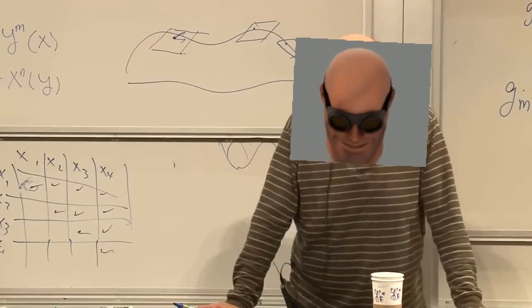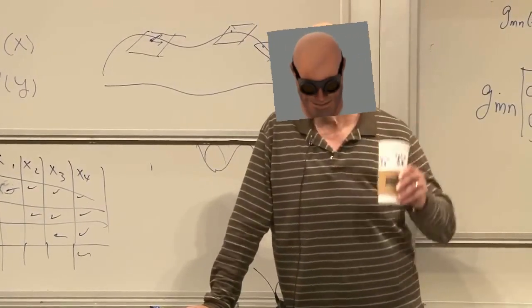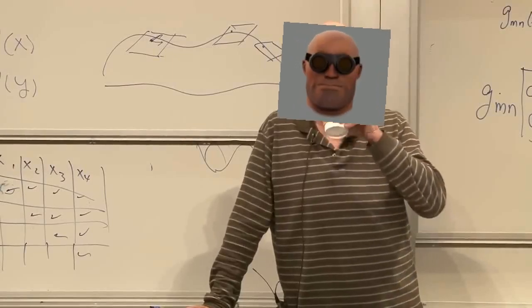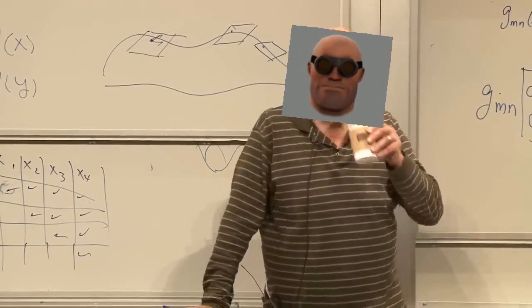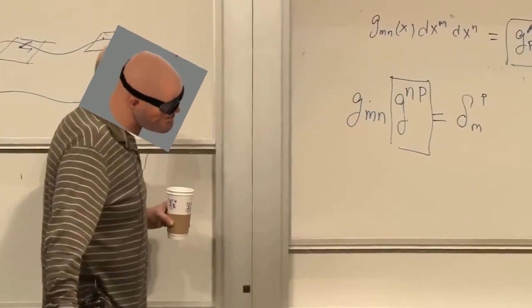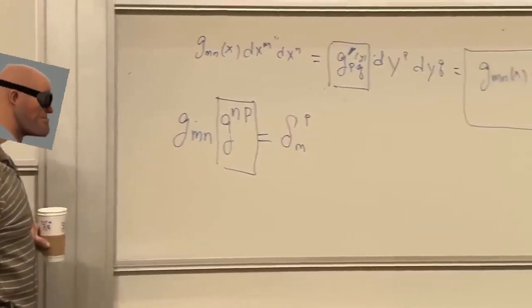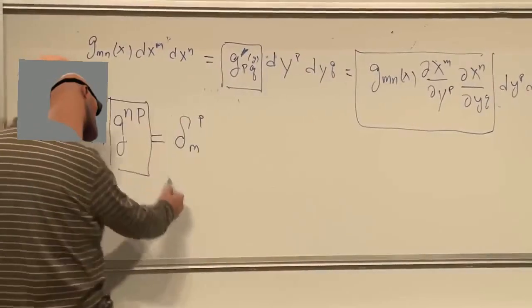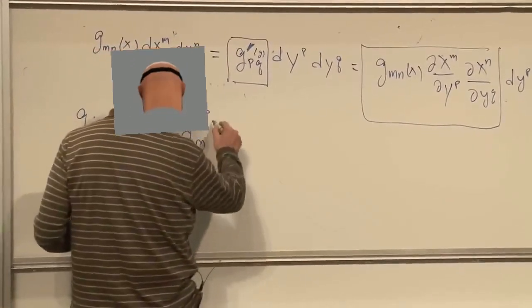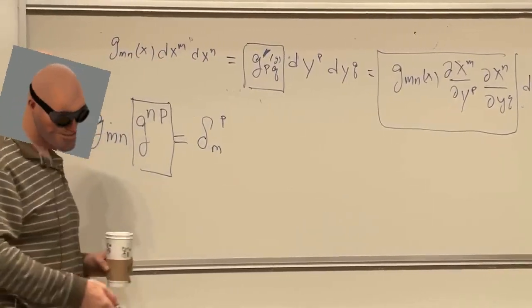The delta symbol is 0 if m does not equal p, and 1 if m does equal p.